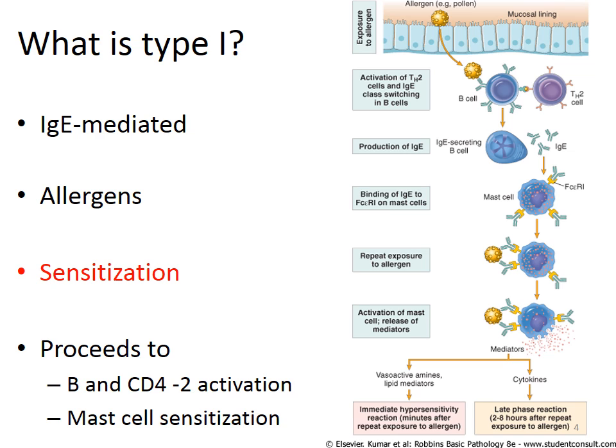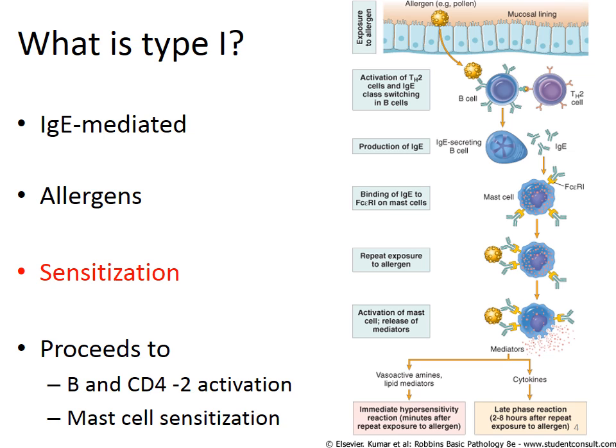So if you look at this picture of what's going on, you can appreciate that here we've got our allergen that's being exposed to our B cell, and here is our T helper cell, subset 2, that's helping to facilitate this process. We get the production of IgE-mediated antibodies, and that binds to mast cells.